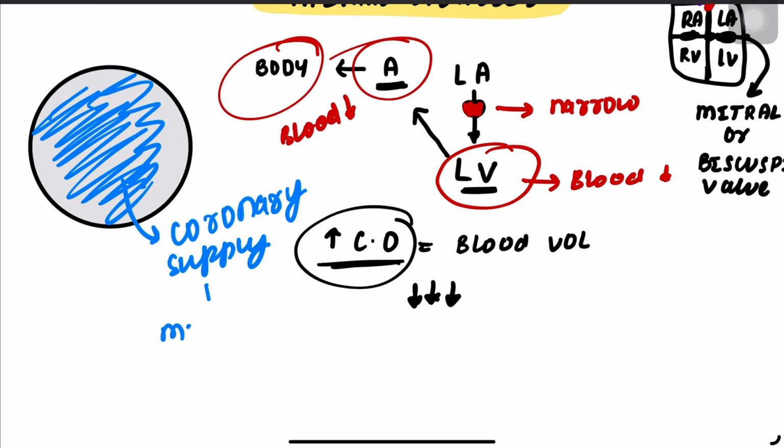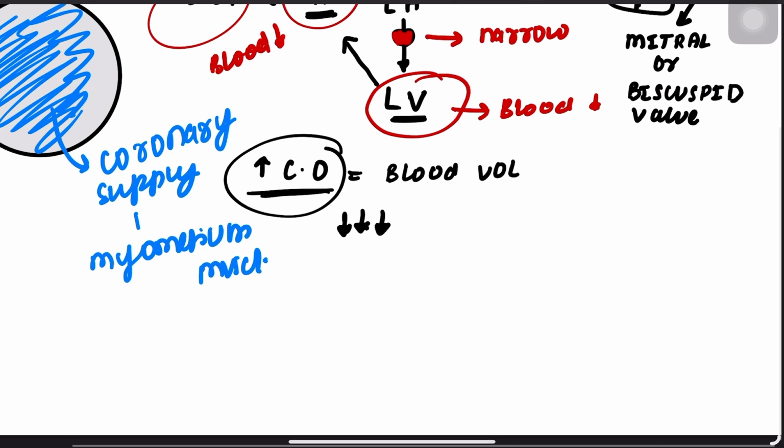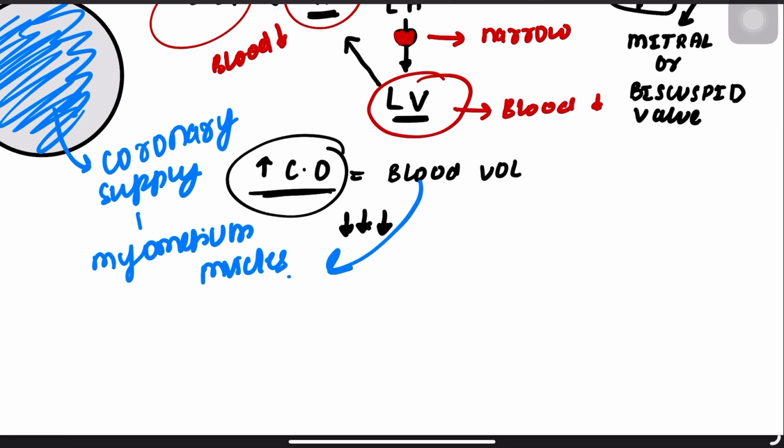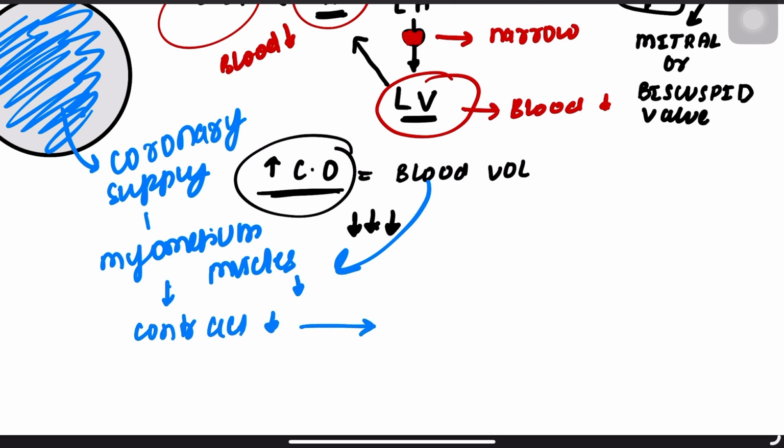So if you remember this much, now your muscles, the myocardium, do not get a lot of blood. Obviously, if they do not get a lot of blood, they won't be able to contract. So the contractility goes down, and if the contractility goes down, then obviously your heart will result in MI. So that is one of the complications that I need you to know.